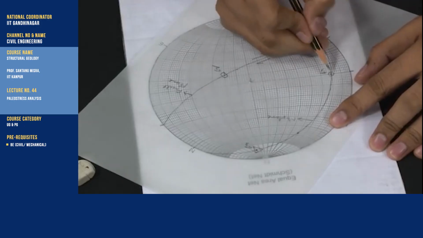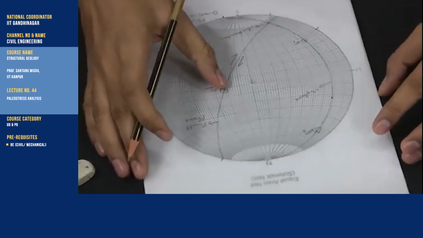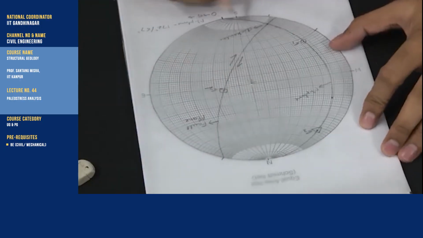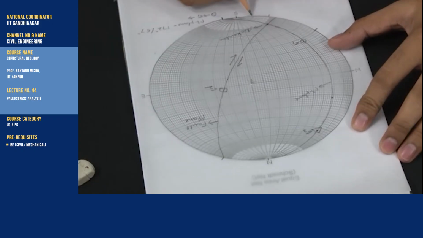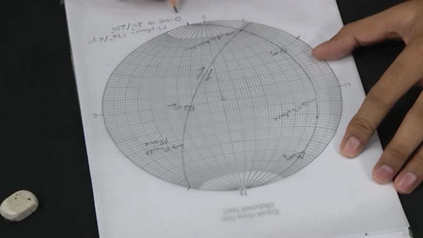So, the plunge is 20 degrees and the trend is 210 to 230. So, the plunge is 20 degrees towards 230 degrees.